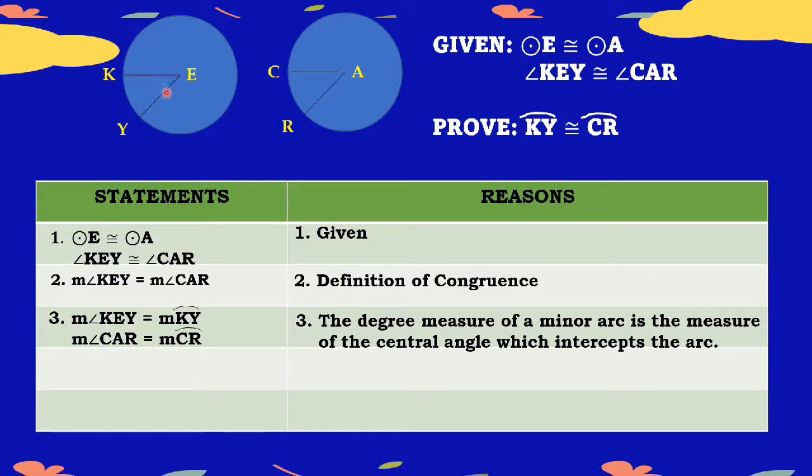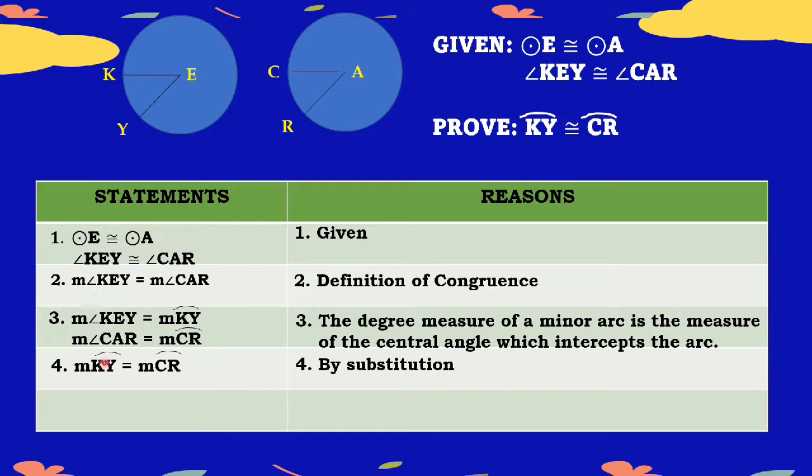The reason for this is the degree measure of a minor arc is the measure of the central angle which intercepts the arc. In number 2 statement, the measure of angle KEY is equal to the measure of angle CAR. But these two central angles are also equal to the measure of their intercepted arcs. So in number 4, we can say that the measure of arc KY is equal to the measure of arc CR.